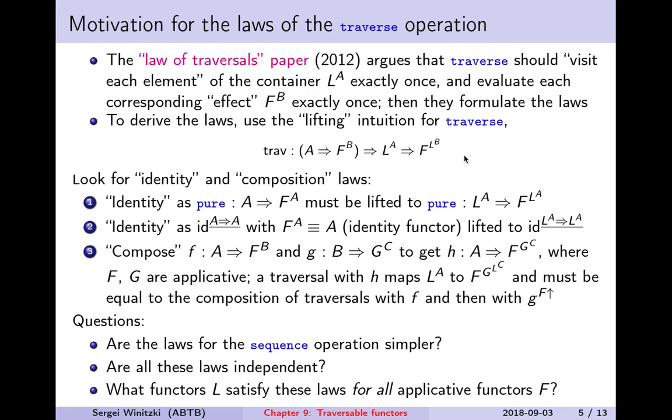So I'm not going to talk about a category in this chapter. I'm not going to describe this as a lifting from one category to another, because I don't know if that's really very useful. And I don't know a good formulation of that. So let's look for these laws.